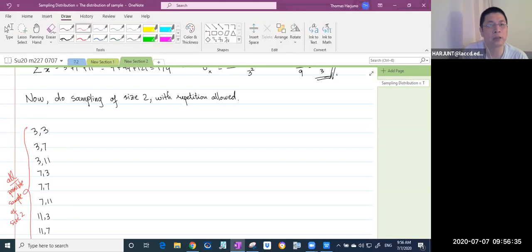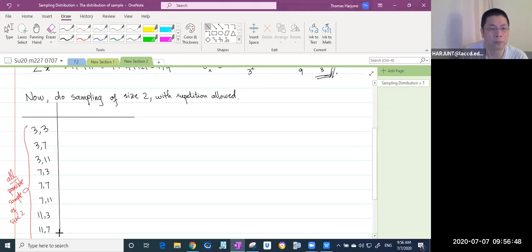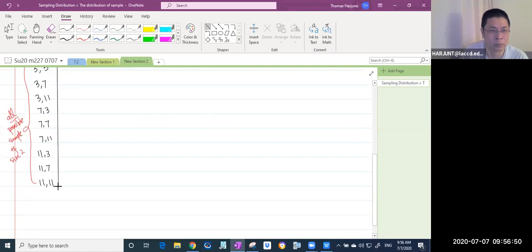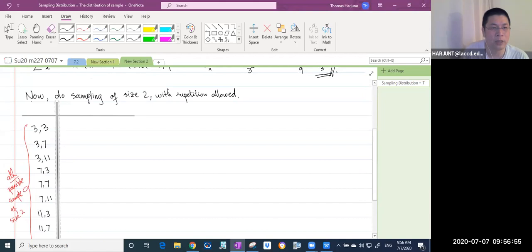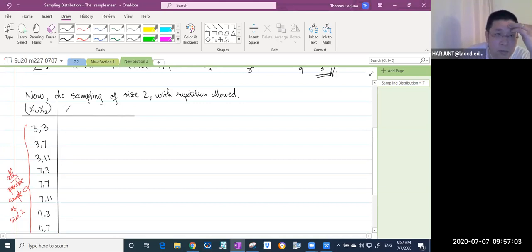Now then, next, what I want you to do is to get the mean of each possible sample. If these are sample, the first sample, the second sample, right? Okay, what I want you to do is to find the mean of that sample of size 2.